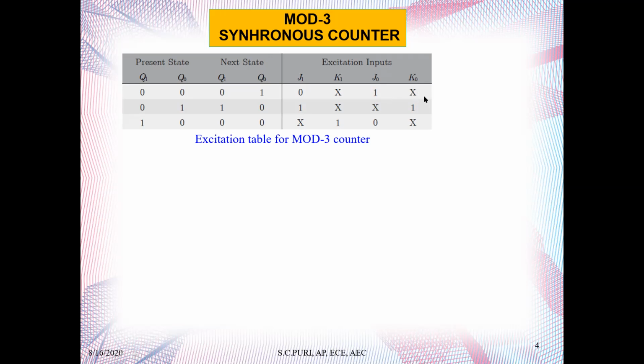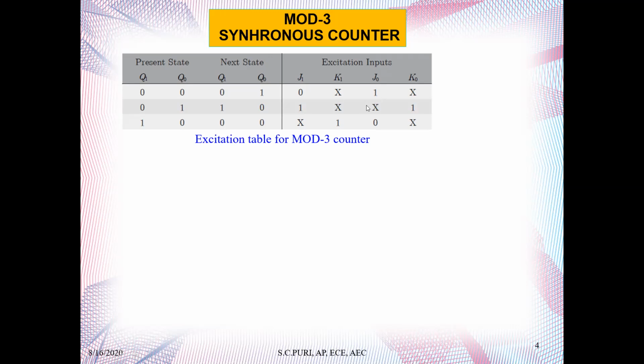So that means 1, cross. Now next is 1 to 0. 1 to 0 can happen if it is in toggling mode or it is reset. So that means either it is 1 1 or it is 0 1. So that means don't care, 1.